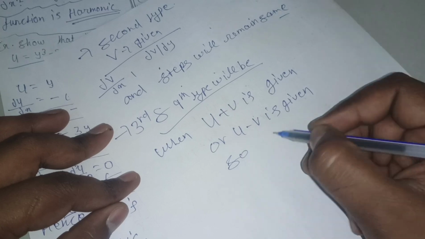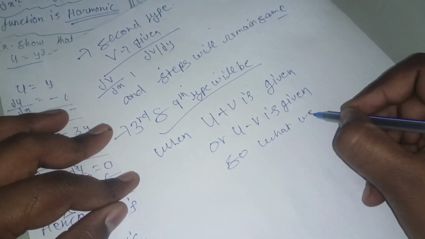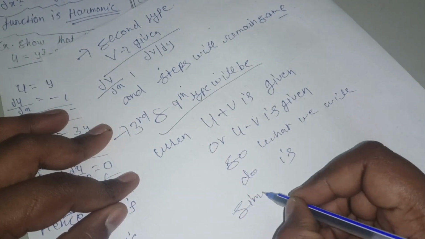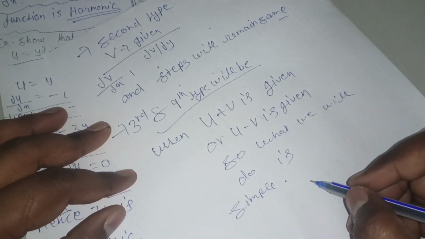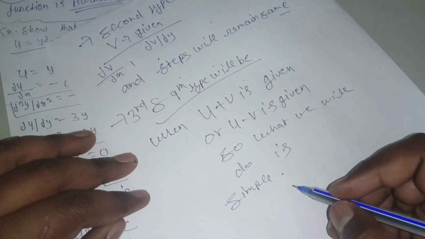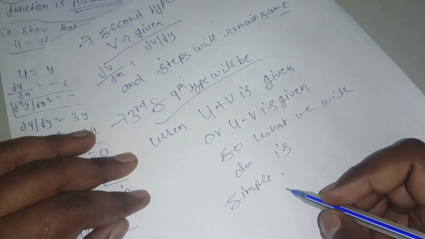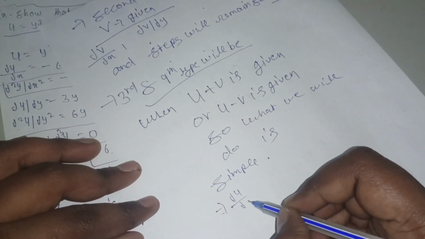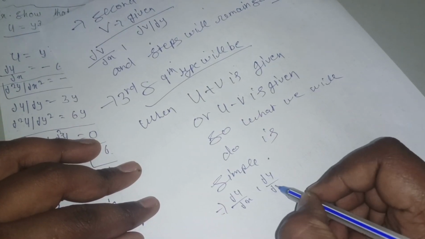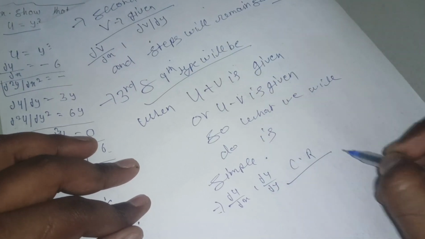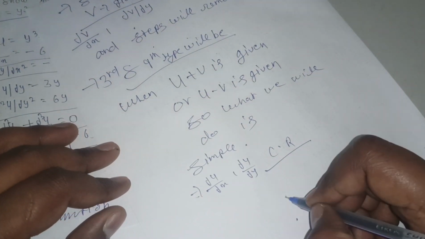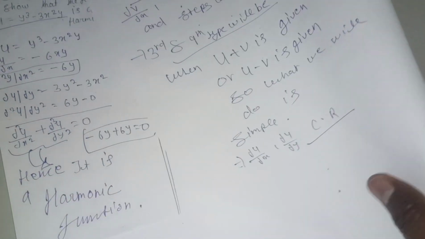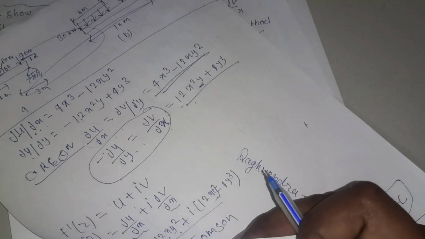So what will we do? It is simple: firstly we will find del u by del x and del u by del y, same with the CR equations, then all the steps will remain the same. I am not doing an example on it because it is too lengthy. Okay, so I hope I have discussed all the concepts of complex variable. This was all about this.